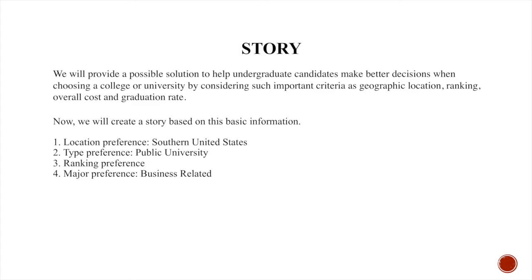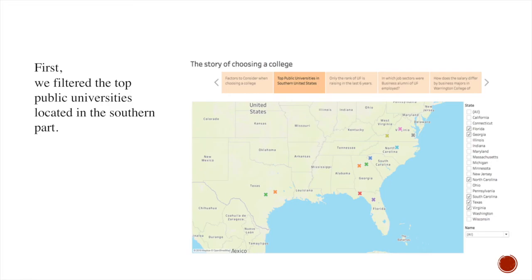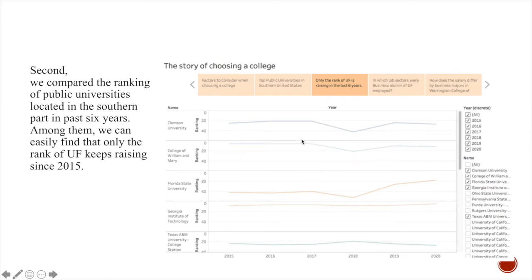Finally, he prefers a business-related major. Firstly, we show the top public universities located in the southern part by filtering the state. Then we compared the ranking of these public universities located in the southern part.